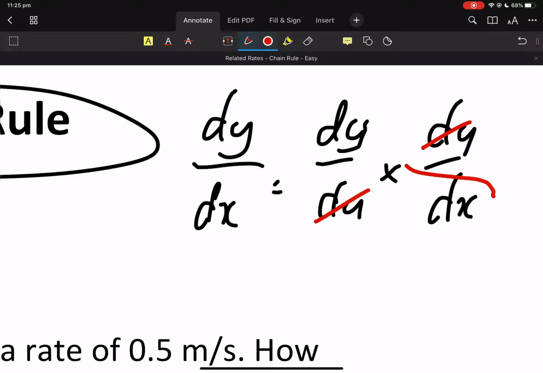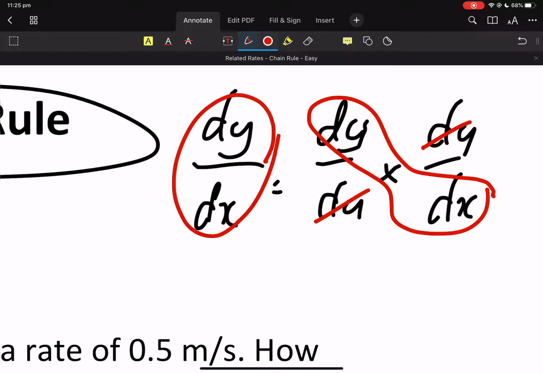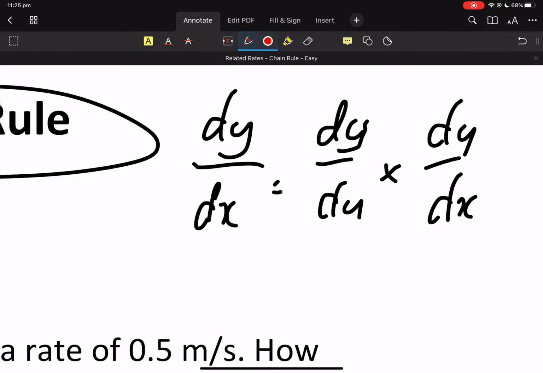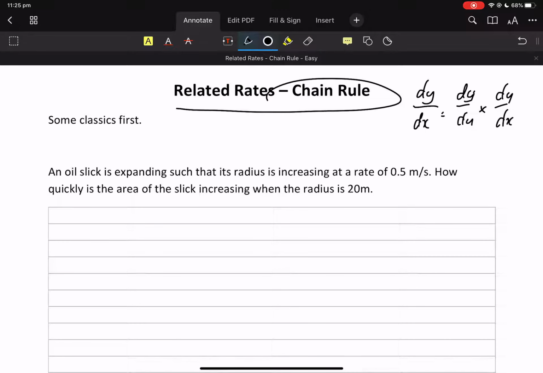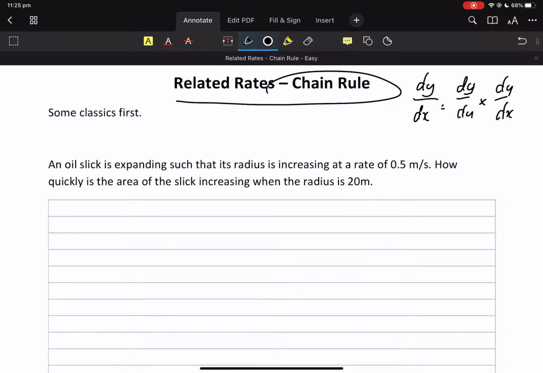And if they cancelled, what we'd be left with is a dy on a dx, which is the same as the other side. So algebraically, that's sort of cool, isn't it? That's the pattern we're going to be looking for here. And once you see what we're doing, it's a little bit fun.